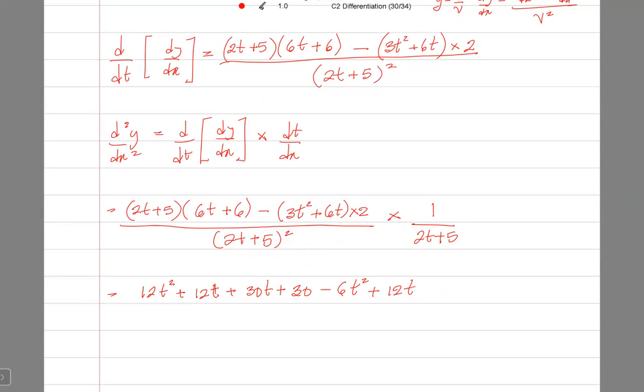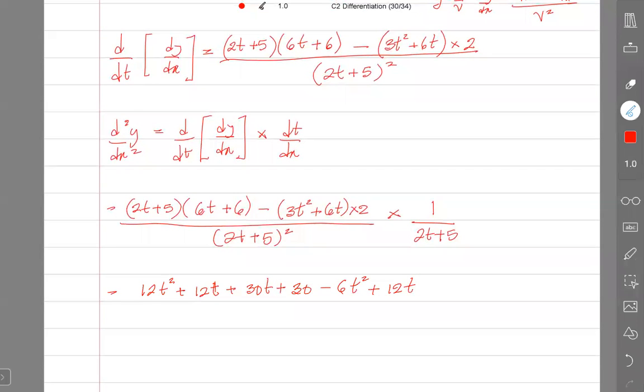It's minus 12t, because it's a negative out to the front.